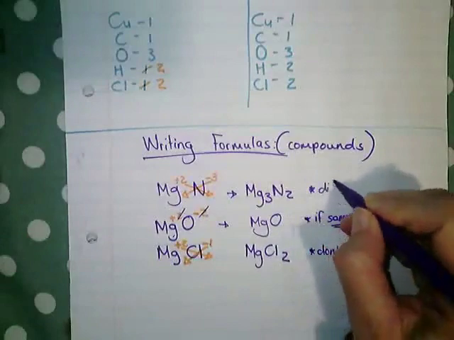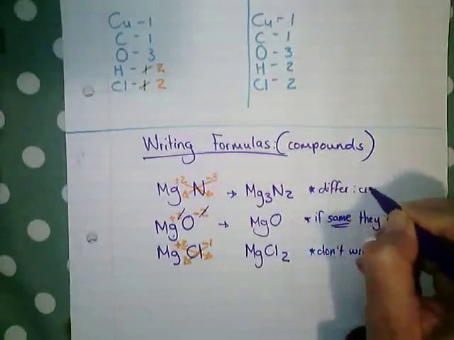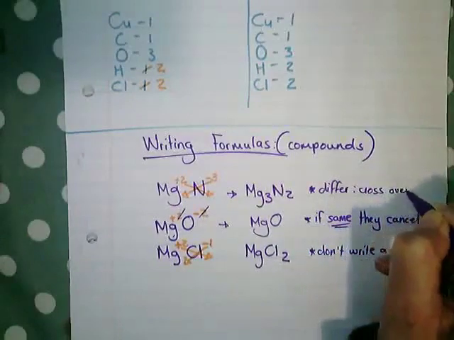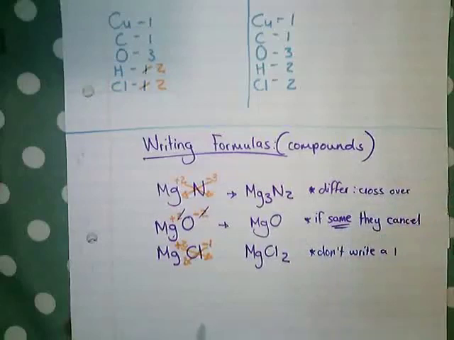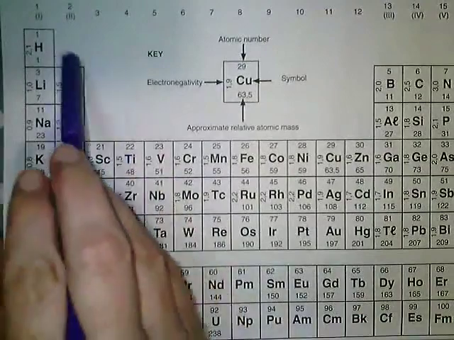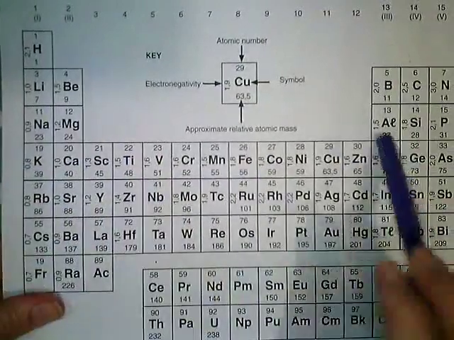Last thing is if one of the elements is a transition metal. The transition metals are all in the periodic table between group 2 and group 3. These are all transition metals, and they can be charged +1, +2, or +3.